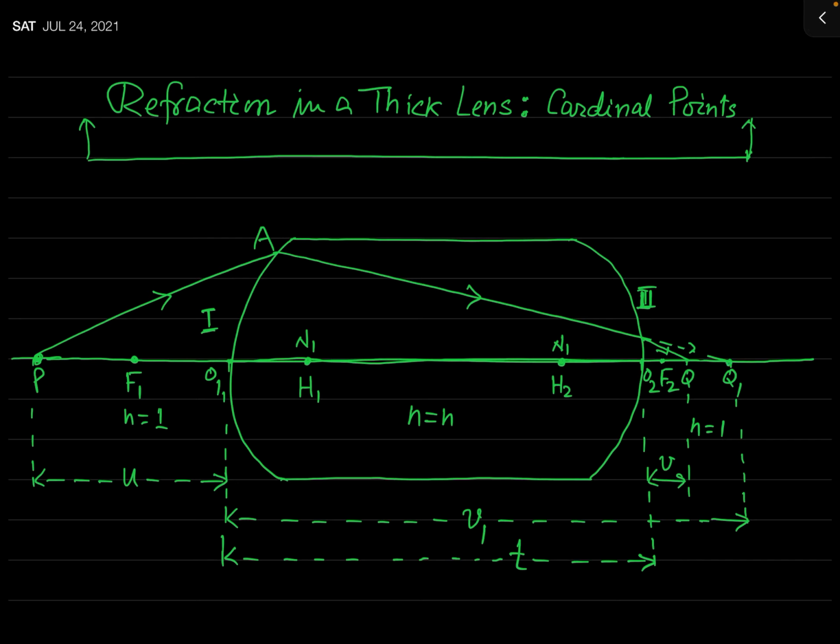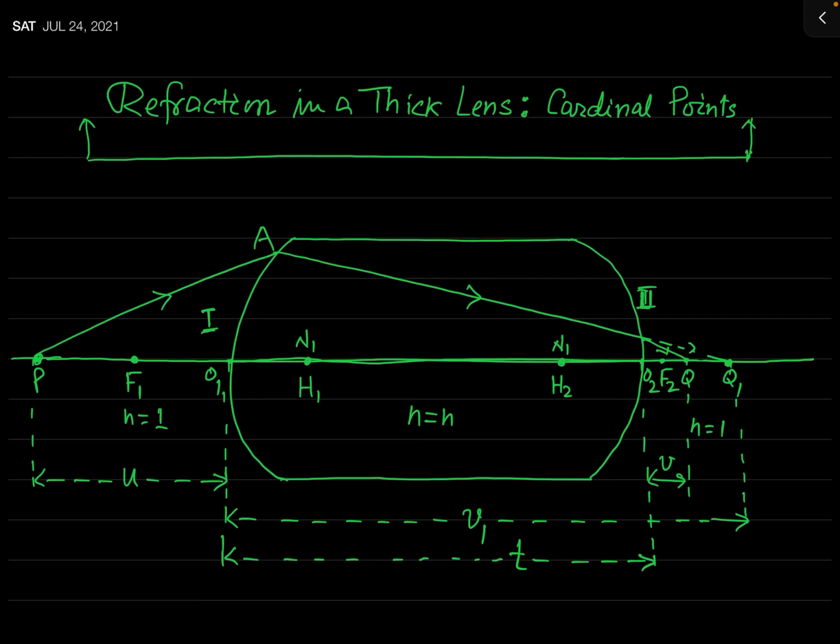So Q1 is the image of the point source P formed due to refraction at the first surface. But the second surface is present, so this image Q1 now acts as a virtual object for the second surface, and finally the image is formed at Q. This Q is a real image in accordance with this figure.